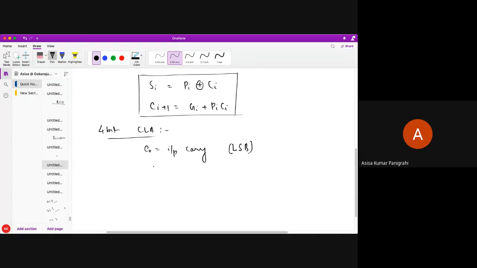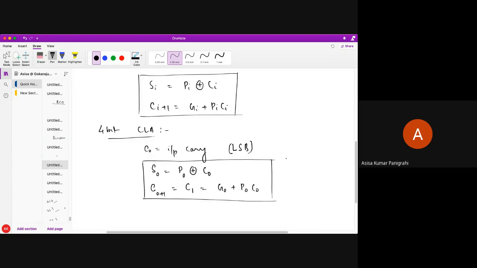For the 0th bit, for the LSB, I would be getting two things over here. What is that? My sum 0, I'll be getting like P0 XOR C0. But I'm getting the next bit carry here, which is C1, I'll be getting like G0 plus P0 C0. Do you all understand, students, what I got? While calculating the LSB sum and carry, my next bit carry is already ready.